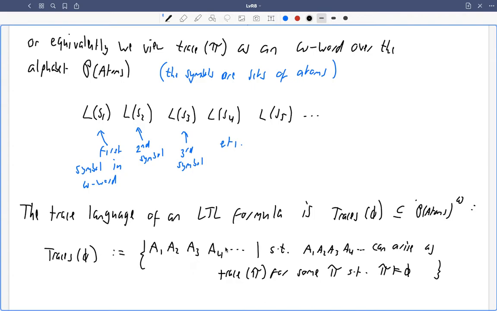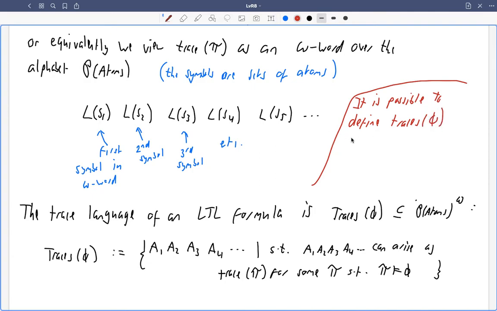So I'm going to comment in red that actually it's also possible to define traces phi directly by modifying the definition of the satisfaction relation.